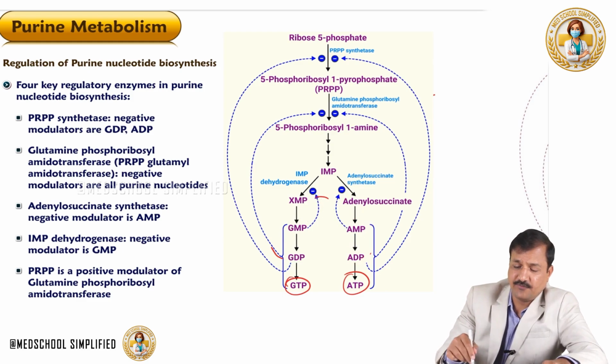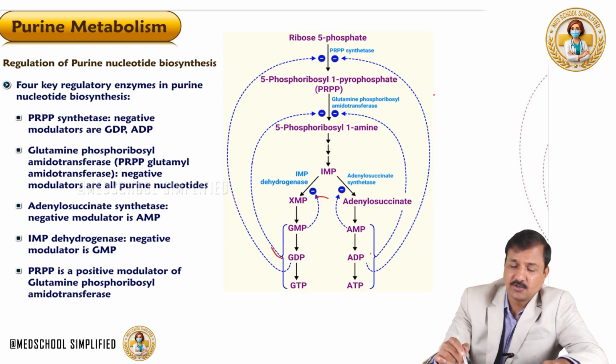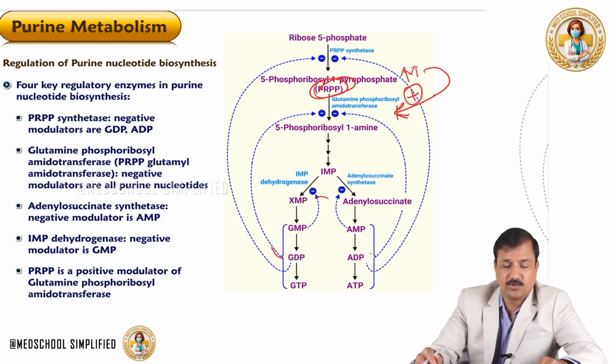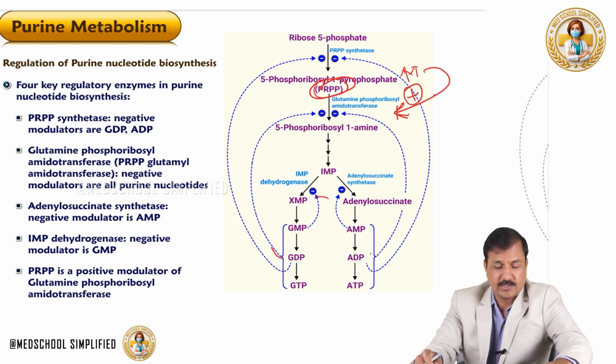So these are feedback negative effects here. Whereas elevated levels of PRPP will have a positive effect on PRPP glutamyl amidotransferase. So that type of regulation is also possible here.